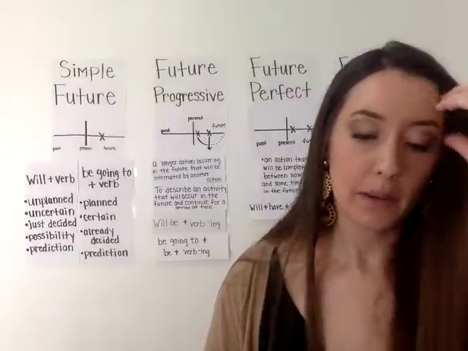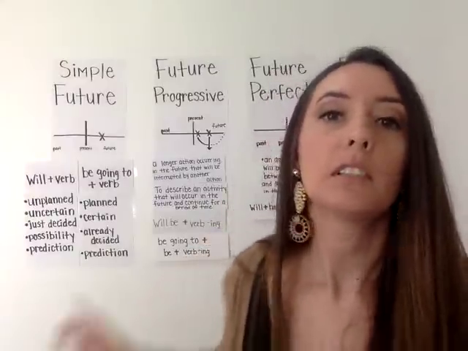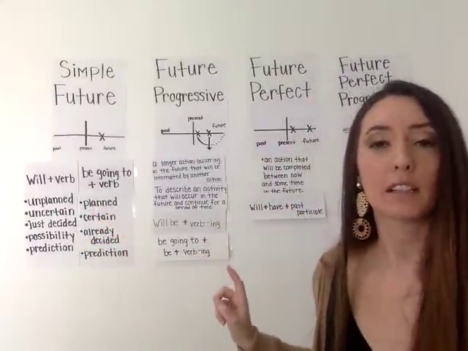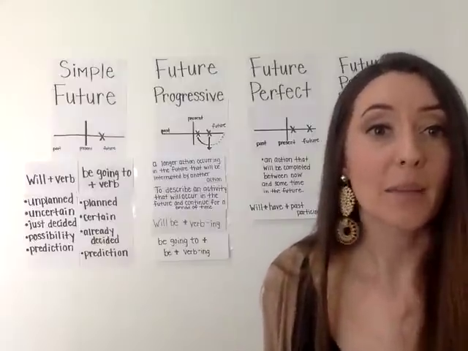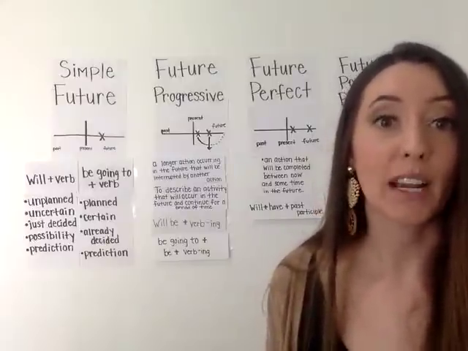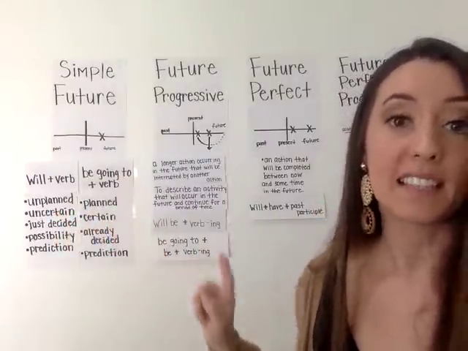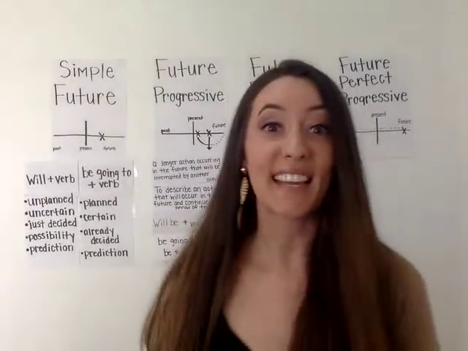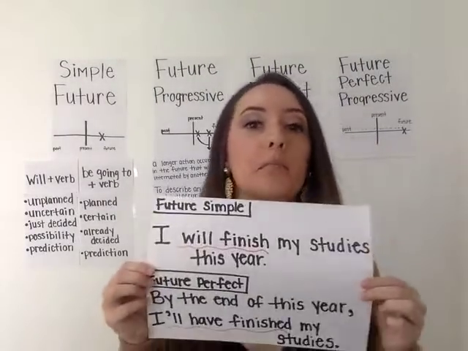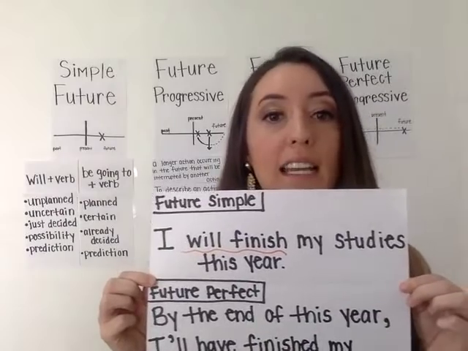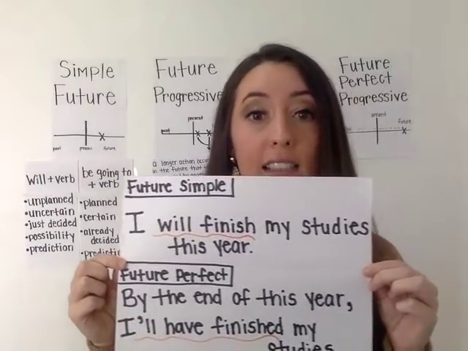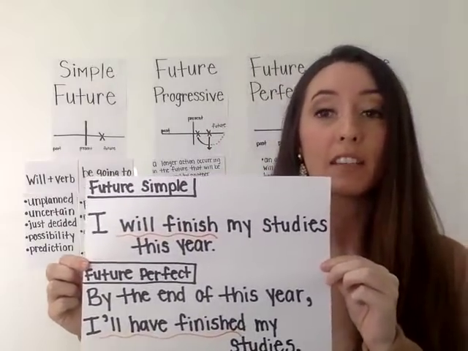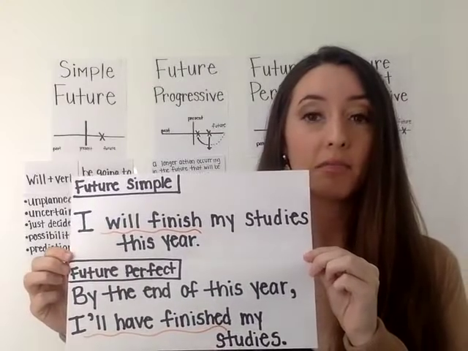Now I wanted to compare with you simple future and future perfect, okay? Sometimes a sentence can be expressed correctly using both of these tenses. For example, future simple, we can say, I will finish my studies this year. I will finish my studies this year.